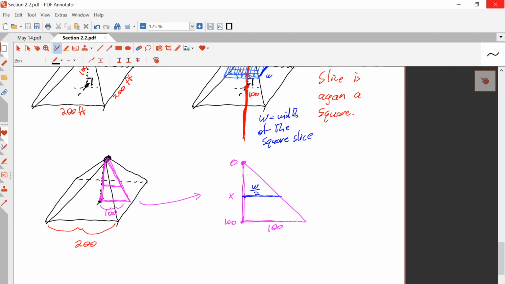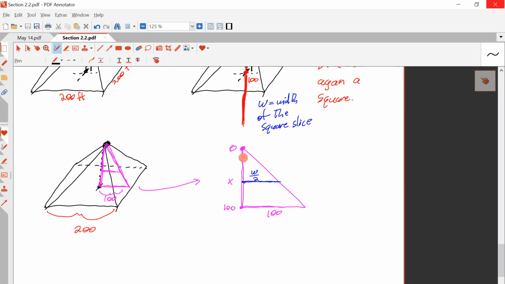Okay, well, we set up a ratio using similar triangles. 100 over 100. This length here is 100. This length here is 100. So using similar triangles, 100 over 100 is equal to X over W over 2.